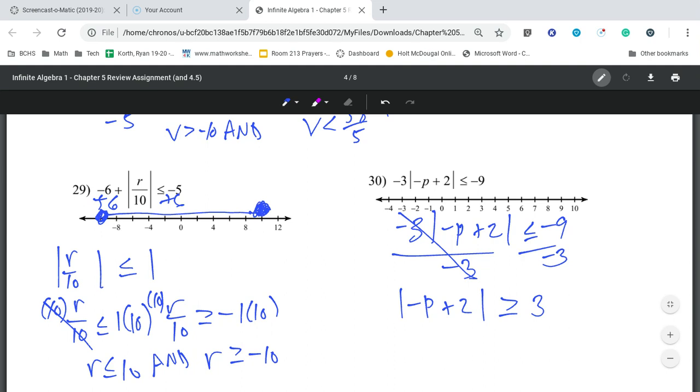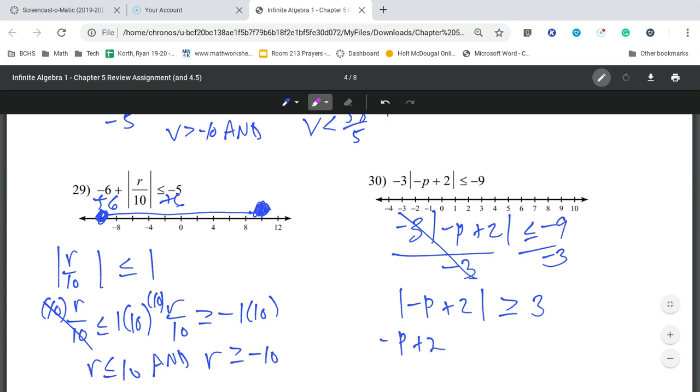All right. So when we divided by a negative, the inequality changed direction on number 30. And -9 became +3 when we divided it by -3. So we're going to set up our two inequalities. -p plus 2. Oh, I remember what I wanted to say.